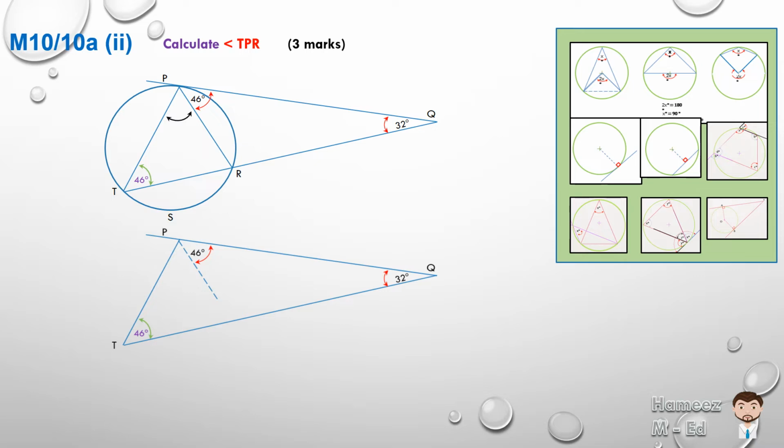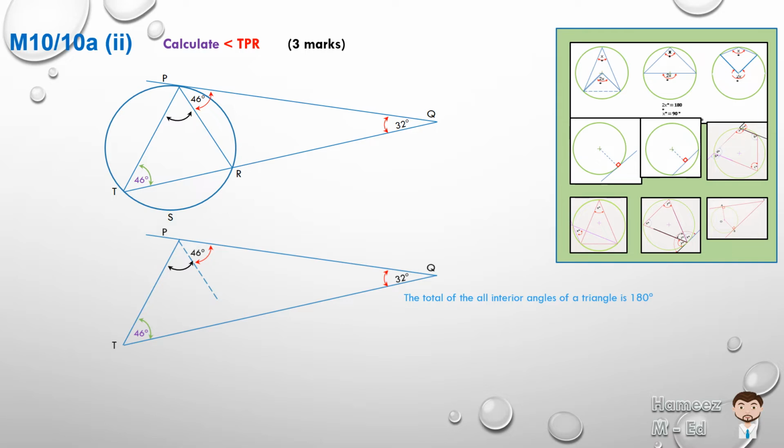And if we look at the largest triangle, what do we know about all triangles? That the total of all the interior angles of a triangle is 180 degrees. So let's consider this large triangle: we know the angle there at T, we know the angle at Q, and the angle at P is broken up into two parts.